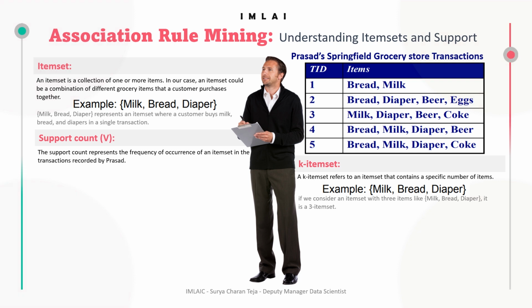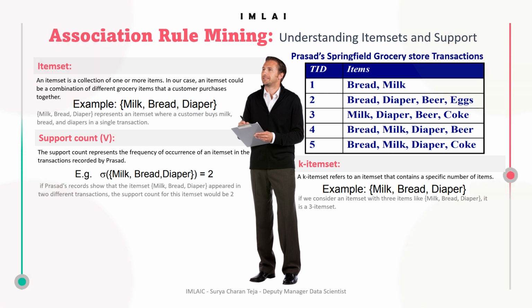For example, if Prasad's records show that the item set milk, bread, diaper appeared in 2 different transactions, the support count for this item set would be 2, and that you can see clearly on the screen.